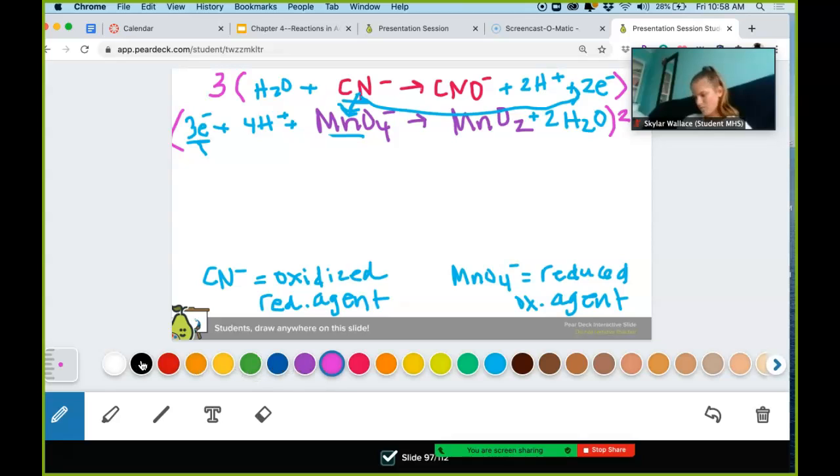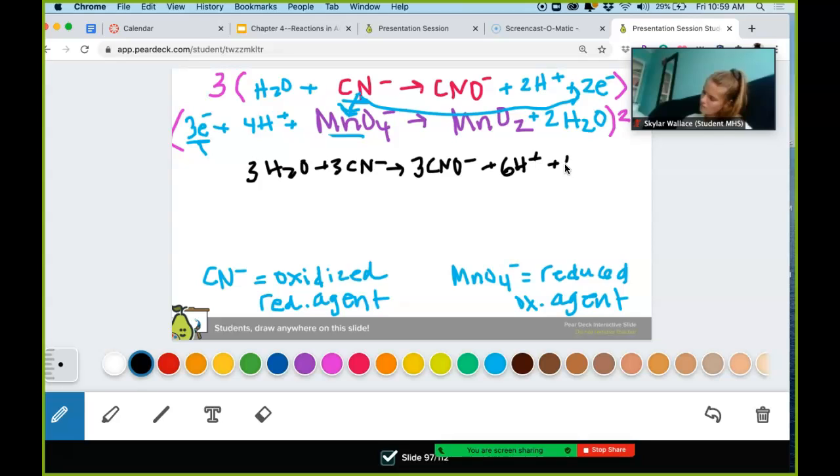So I'm going to rewrite it out. I'm going to end up with 3 waters plus 3 cyanides plus 3 CNO minus plus 6 hydrogen ions plus 6 electrons. The 3 gets distributed to everything in that top reaction, and then the 2 gets distributed to everything in this bottom reaction.